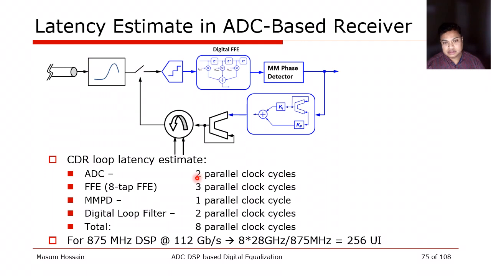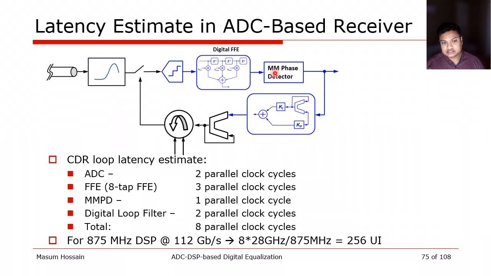ADC itself will require at least 2 cycles because of the sample and hold, and then in the asynchronous SAR we need to bring things into the synchronized domain. Right? And in the digital FFE there will be at least 3 parallel cycles to do the multiplication and addition, including the pre-taps.